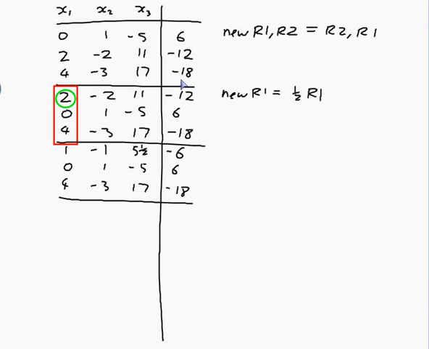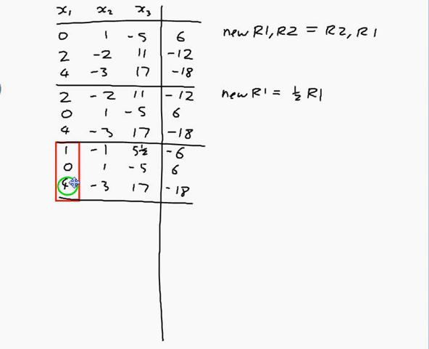And now I want, again, the identity here. I already have a 1 in the right spot. Now I want zeros below it. Already got a 0 there, so that's good. Now I want a 0 here. I can't get a 0 there by multiplying the whole row by 0 because that would lose solutions to my equations. The only way to get a 0 there would be to add or subtract a multiple of another row.